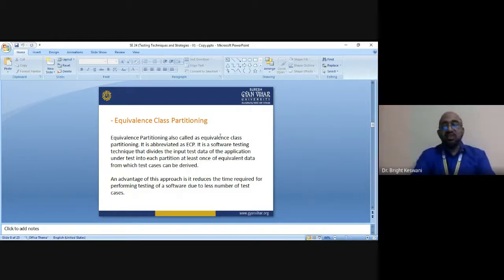In the range guideline, if an input condition specifies a range, one valid and two invalid equivalence classes are defined. This is the first guideline, related to the range.